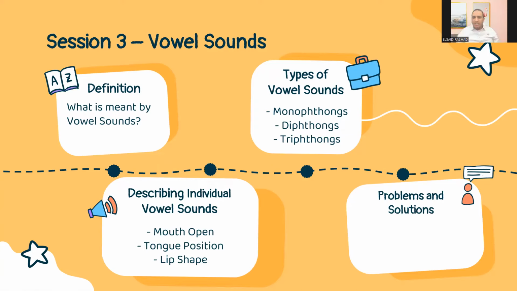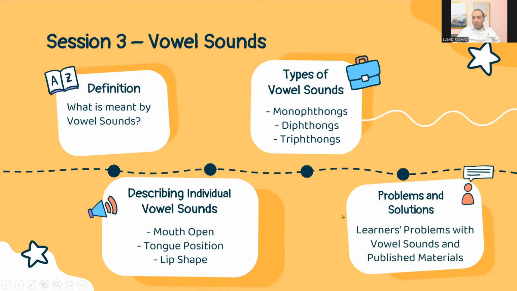We have 3 types of lip shape: rounded, spread, like when you say E, and neutral. So we can say rounded and unrounded, or we can say rounded, spread, and neutral.